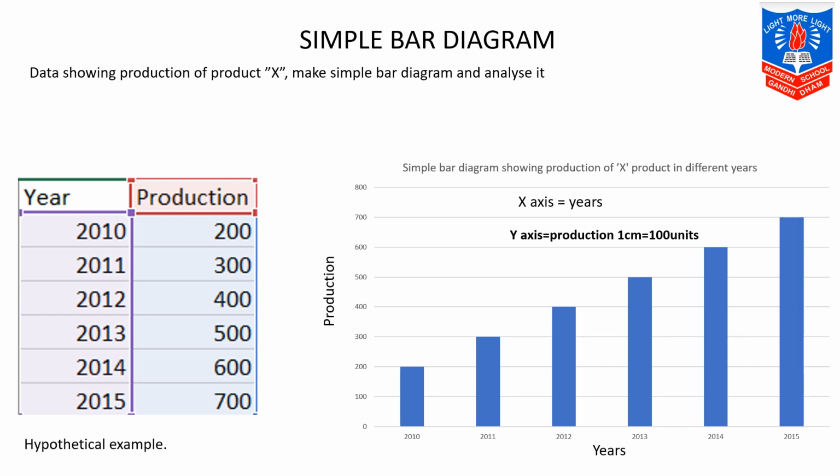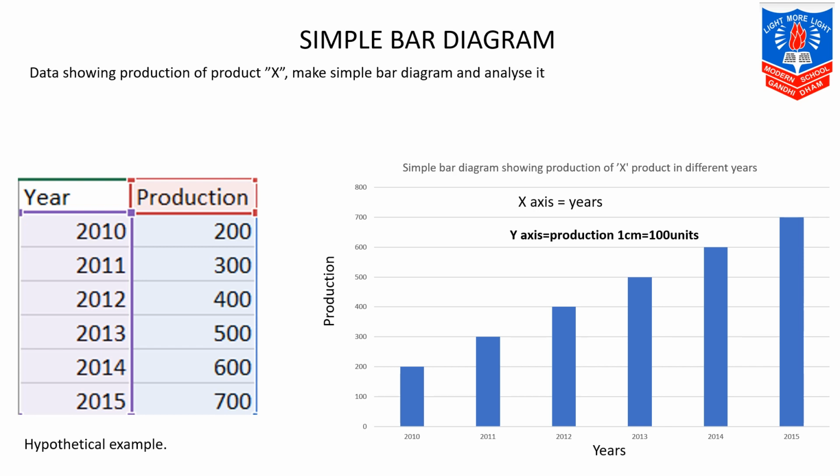Now we move on to the main making part of the graph. Now it says that x-axis represents year, y-axis represents the production. Now if we see, the production is increasing from 200 to 300 to 400, so on till 700.